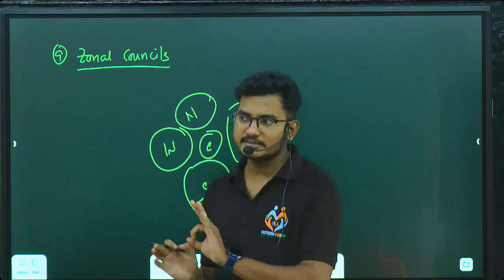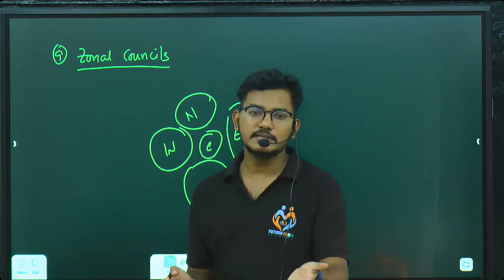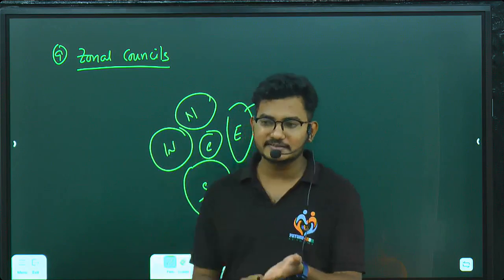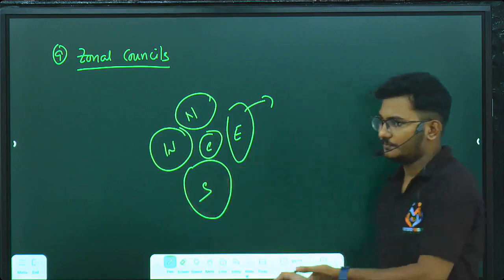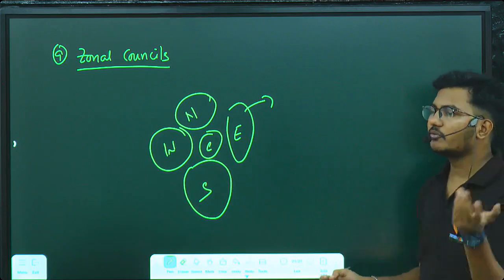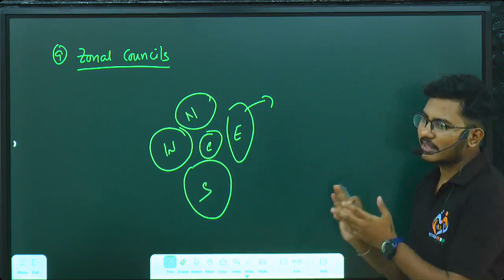Does this make an impact? Yes, obviously. To create this pressure on the center, they came up with this beautiful concept, the zonal council. Later the center made this inactive.